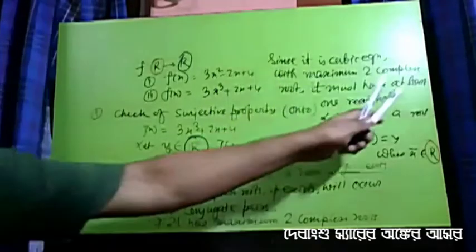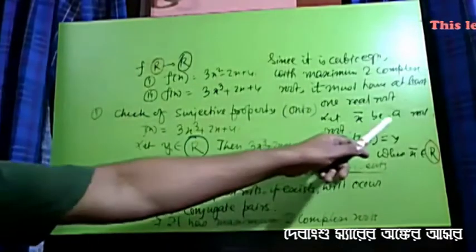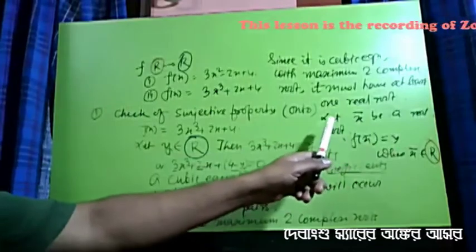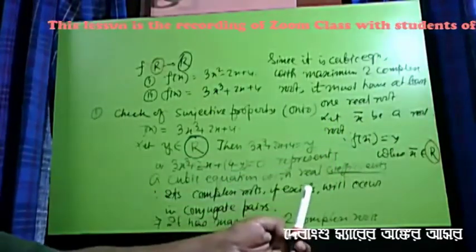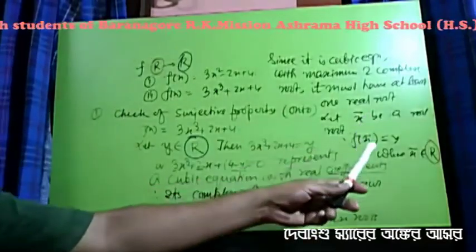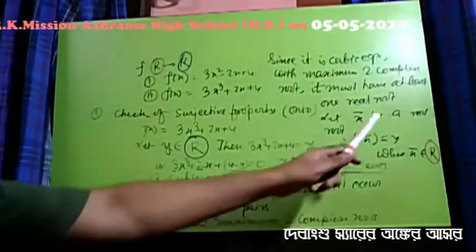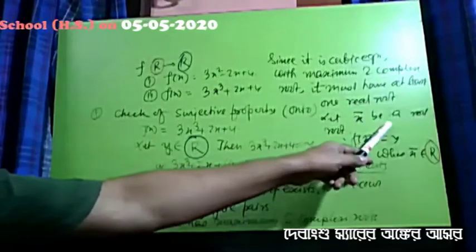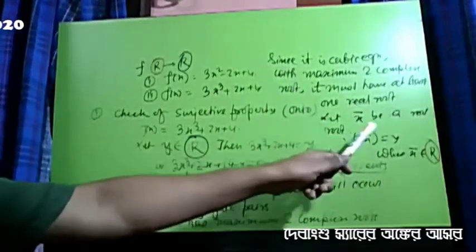So it must have at least 1 real root. I don't know whether there are 1 or 3 real roots. That's why I write a real root. A means there may be another, and B means there is only 1. So we will choose the words A or B very cautiously.